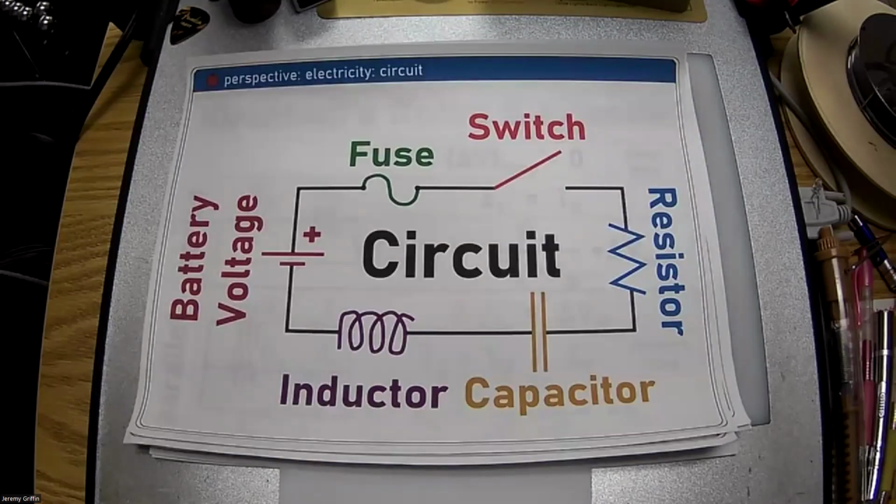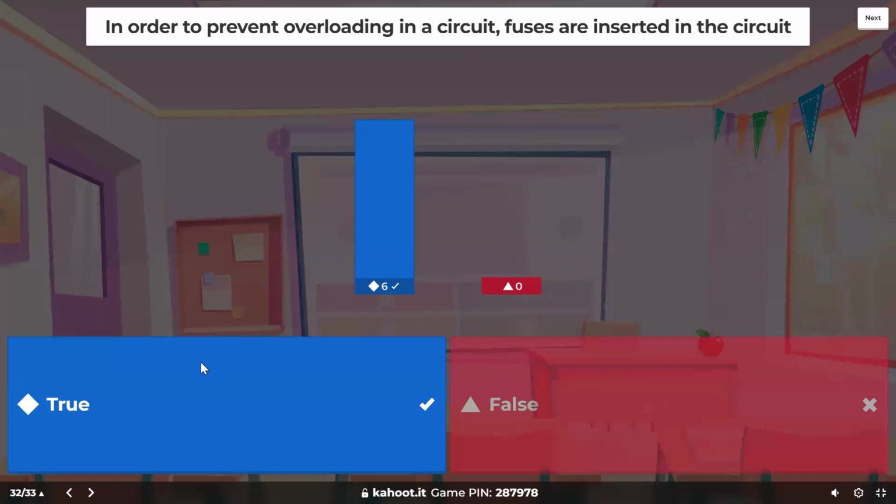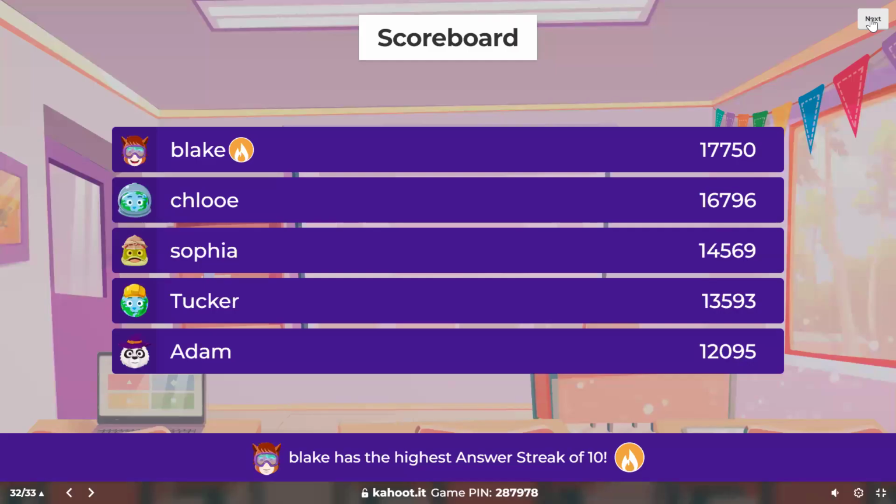All right, go fast. Let's look at the picture. All right, there's a fuse. Guys, I think this very last question coming up is also related to that. You see how that fuse is inserted to make it work? If too much current flows, it's going to break that fuse, and then the current stops flowing. But it only works if you have the fuse wired a certain way. And I think that's the next question.